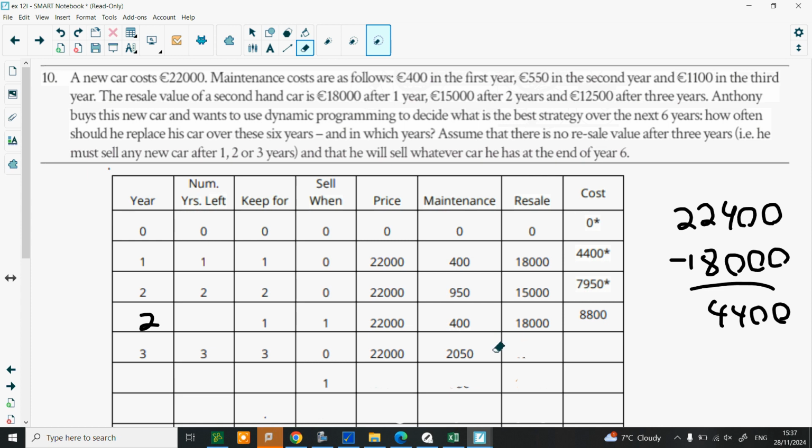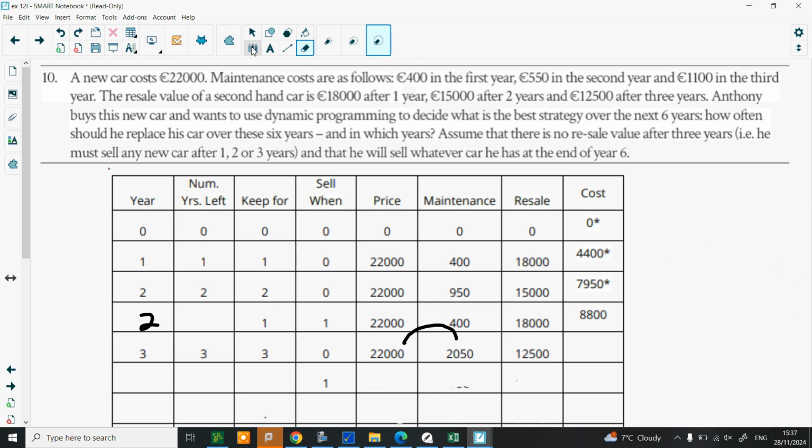Now, next one. How much are you reselling this one for? How old is it? 3 years old. Okay. Now, next thing we need to do is figure out what number is here. Can anybody tell me what number we think might be here? So price plus maintenance is what? 24,050, yeah?